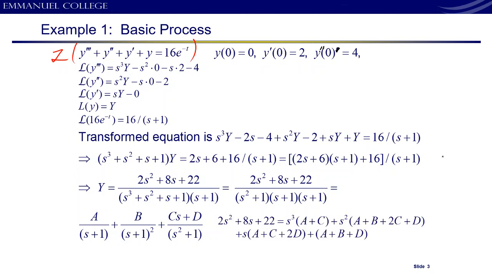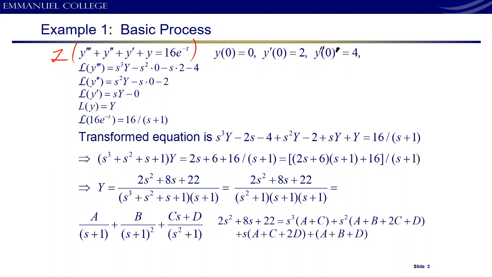Which means, this is why I said you can't always use the Heaviside method. s squared plus 1 has no real root, thus I can't just cancel out that term.